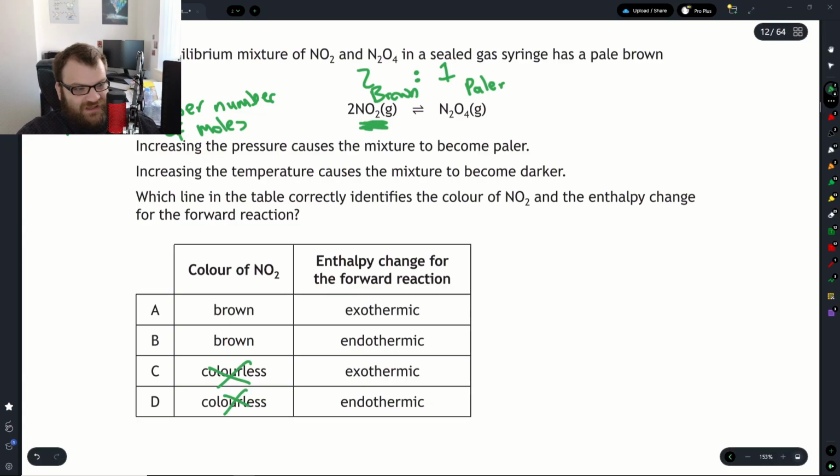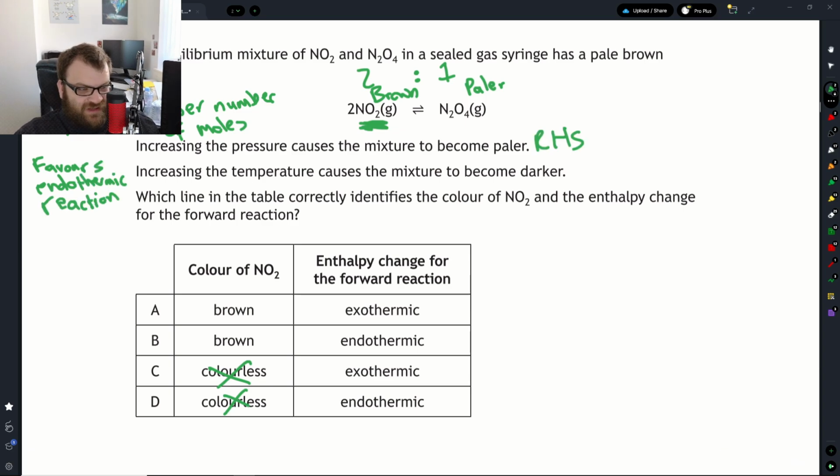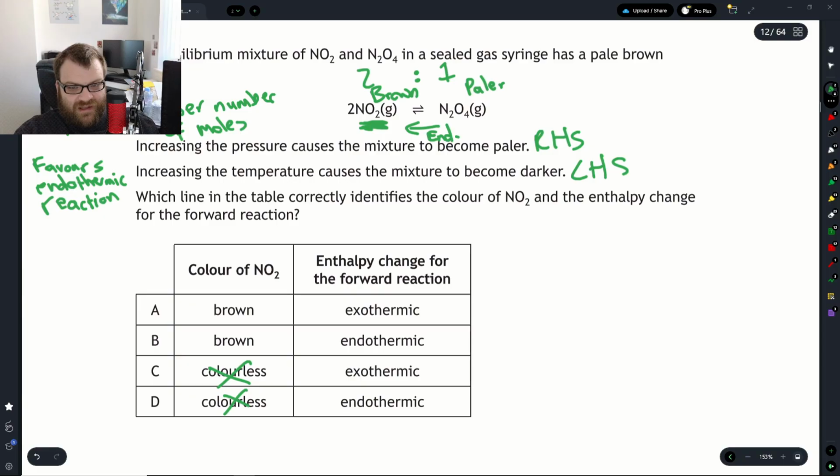If you increase the temperature, we are going to favour the endothermic reaction. And it became darker, which means it has to have favoured the left-hand side. What this is telling me is that going back the way is endothermic, because when you increase temperature, it moves to the left, which makes it more brown.